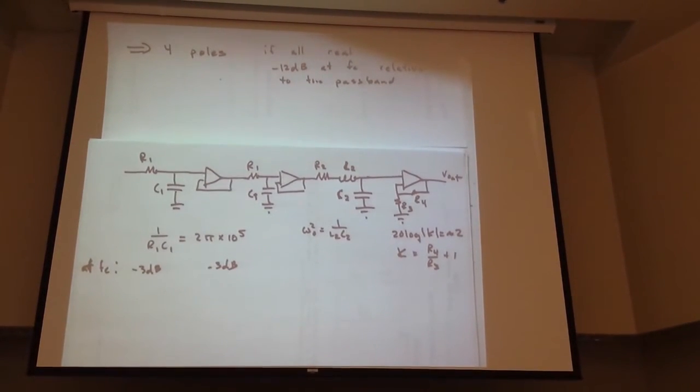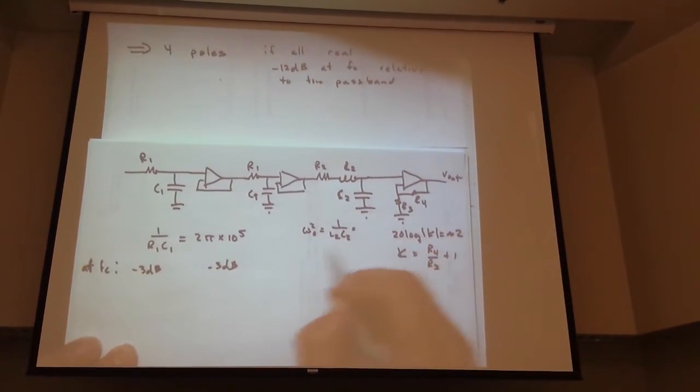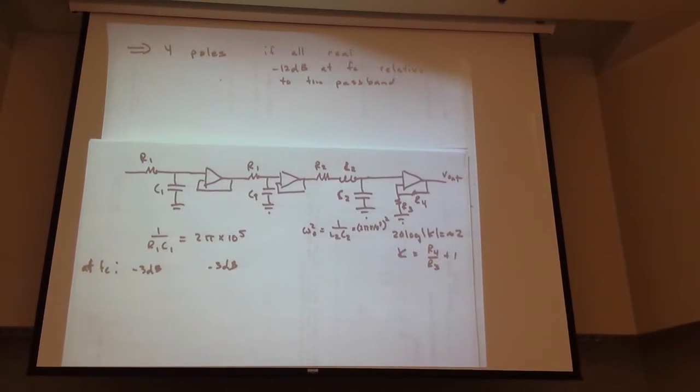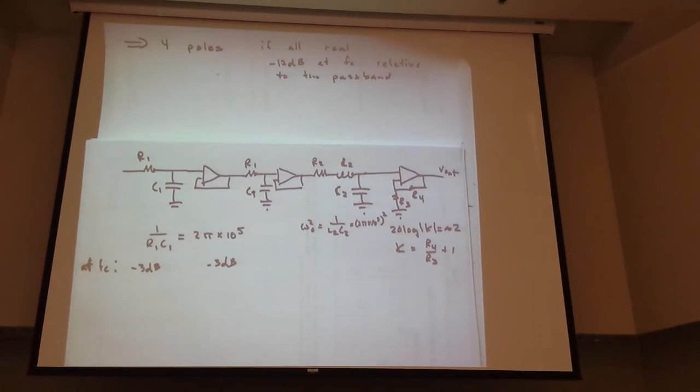But anyway, omega naught squared equals 1 over L2 C2, which is 2 pi times 10 to the 5 squared. And then 2 alpha is what? What does alpha have to be?